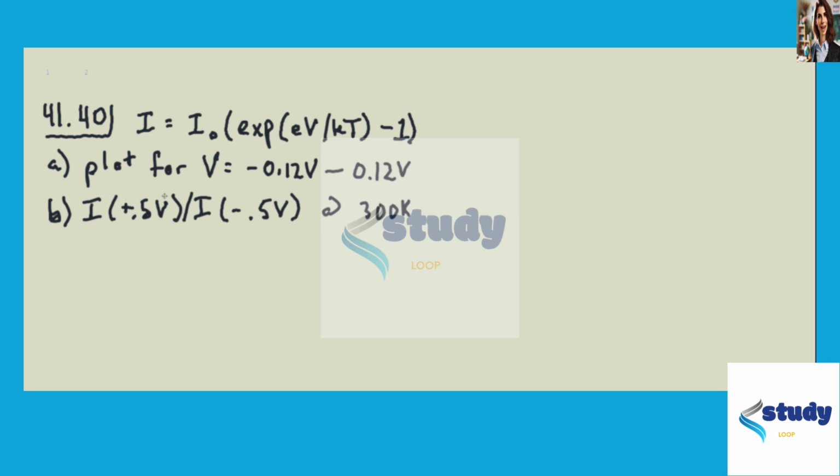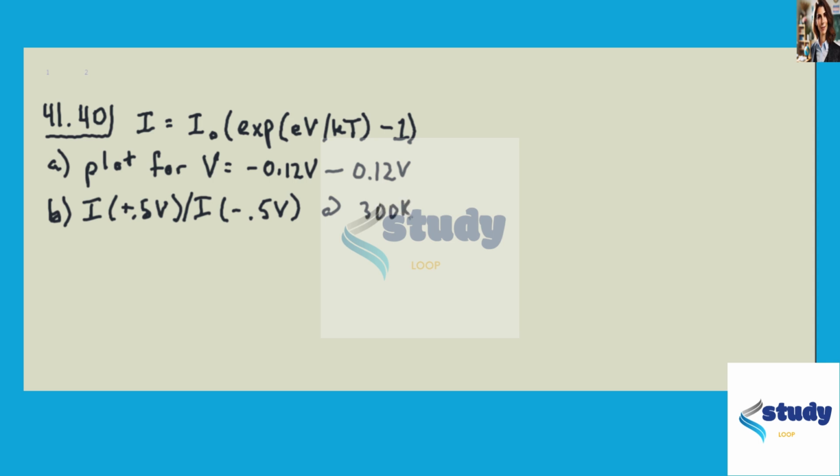So first we want to plot this for voltages between negative 0.12 and positive 0.12 volts, with some parameters that they give in the problem to have actual numbers for these things.